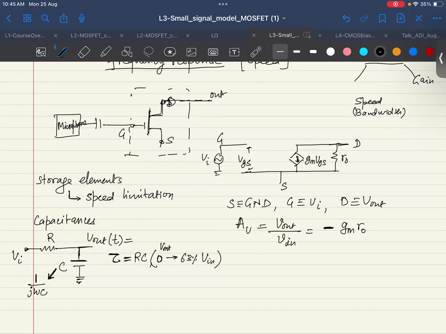So in Laplace or your frequency domain, when you do the transfer function, you will see V out by V in, and now we write in terms of s. What would it be? It would be 1 upon sC, right? And from that, one can write this in this form.